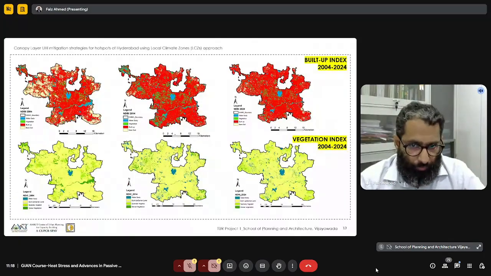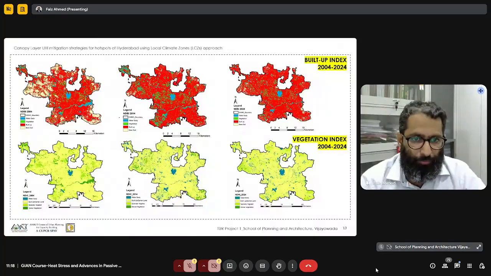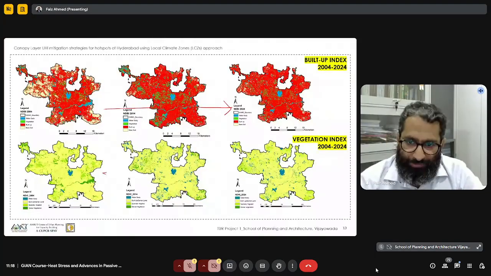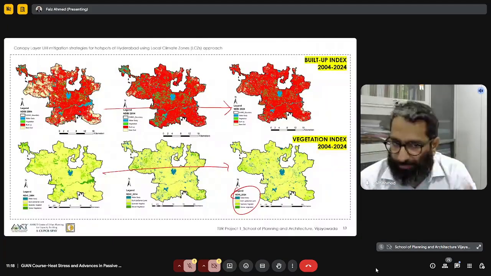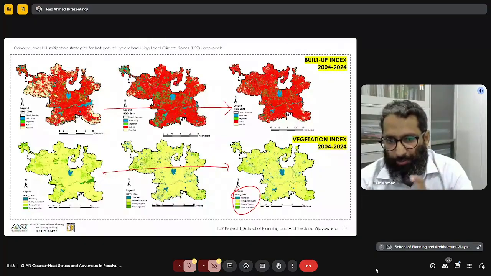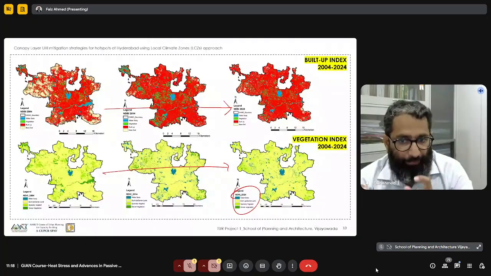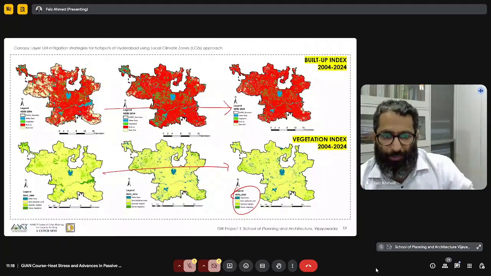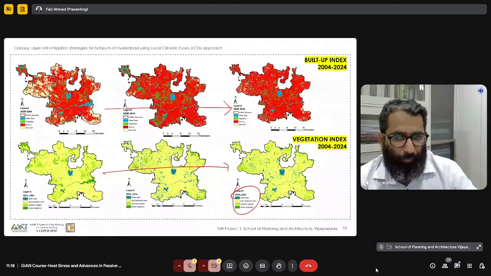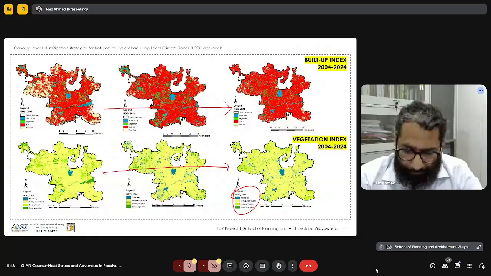One common thing we try to do is to map how the building density has changed over a period of time, and how the vegetation index, NDVI, has changed. This was also pointed out in the morning, how the NDVI index can be used as one of the measurables to check where the greens are and what the cooling potential of these areas is.